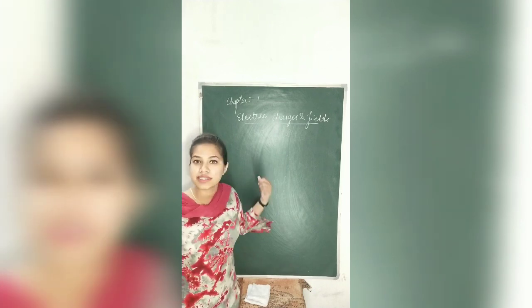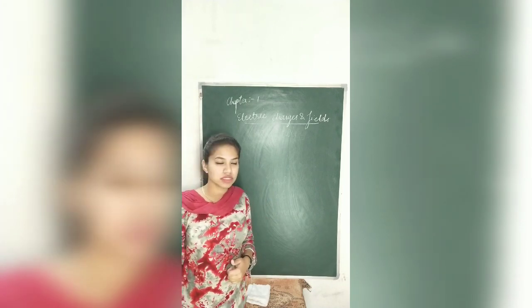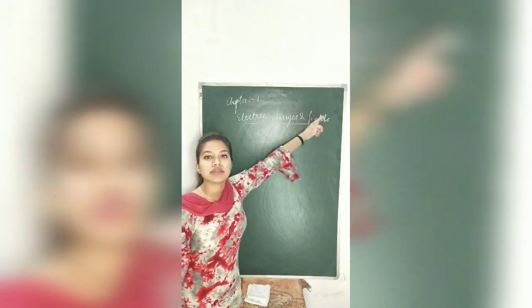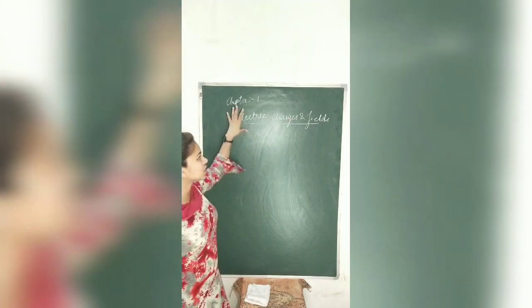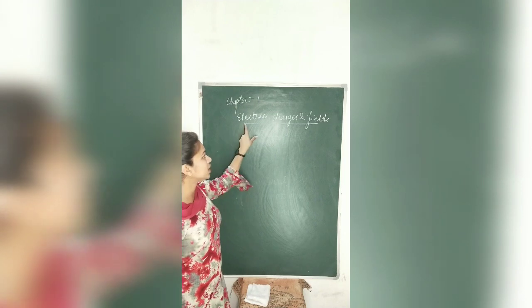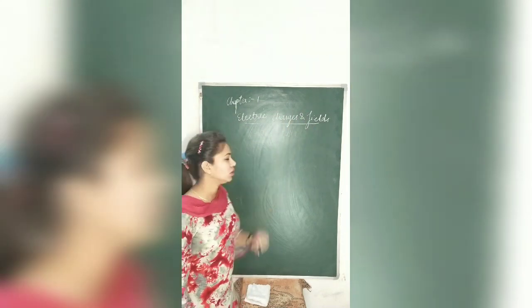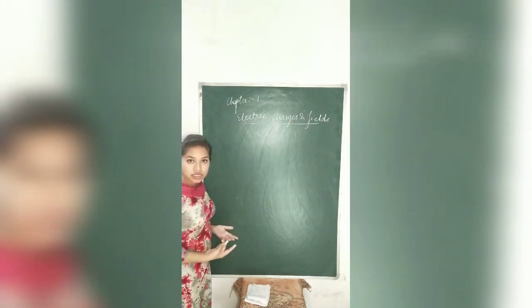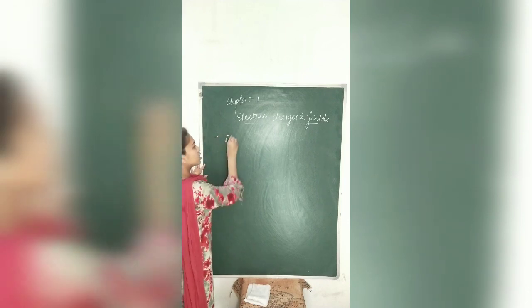Now let's start with chapter 1 of unit one, that is electric charges and fields. As the chapter name depicts, the notion is electric charges and fields. First of all, what are we going to study in detail in this chapter?